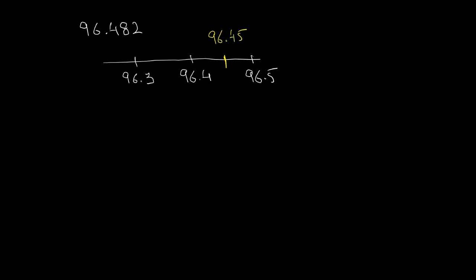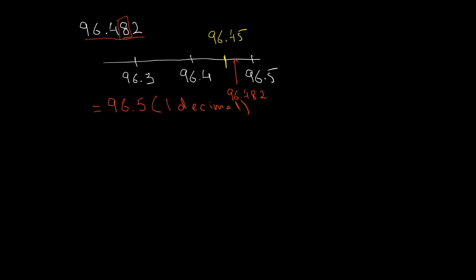And our number, 96.482, is really determined by the 8, which sends us to the right. So since it is to the right, when we approximate it, the answer turns out to be 96.5 to one decimal place.